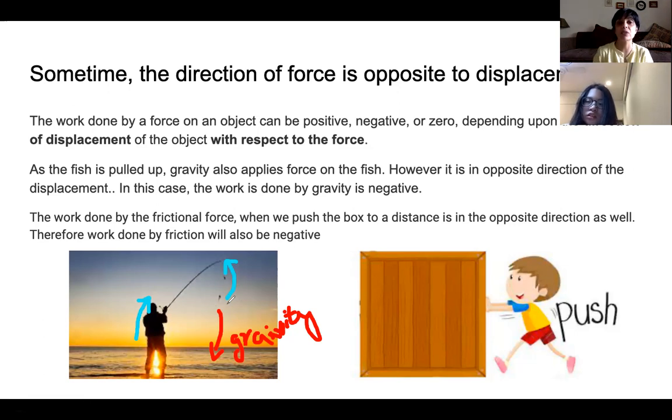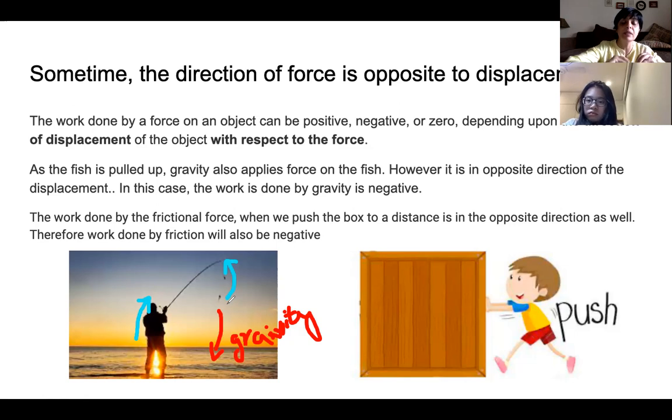So it's opposite, right? If the displacement direction and the direction of the force are opposite, then the work done will always be negative, which is actually no work done. That's in physics, okay?